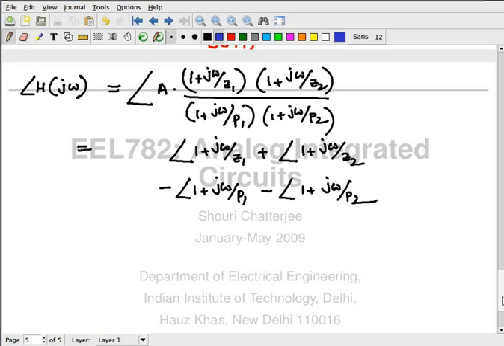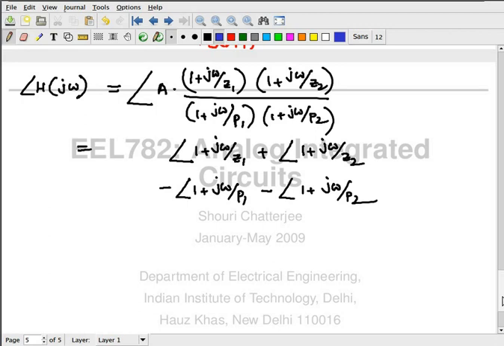Okay, suppose Z1 was negative, right half plane zero. Then we get minus 270. You understand the difference between positive and negative? So depending on what sign Z1 and Z2 are, P1 and P2 are not going to have different signs. They are always going to have positive signs. Okay.